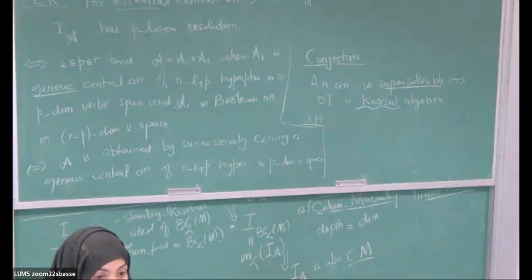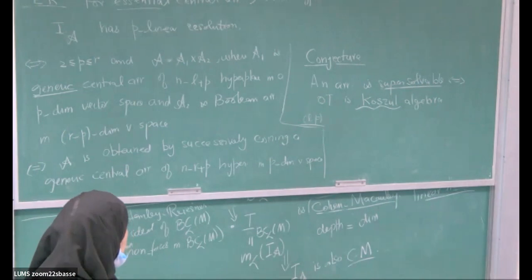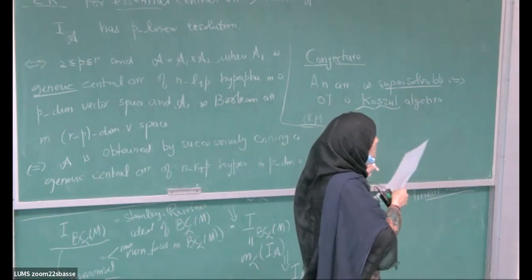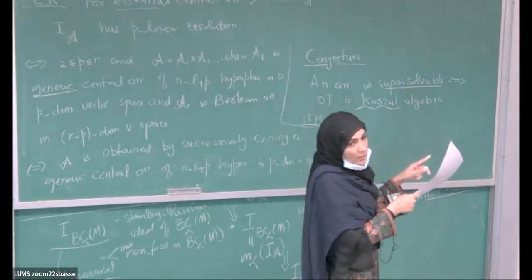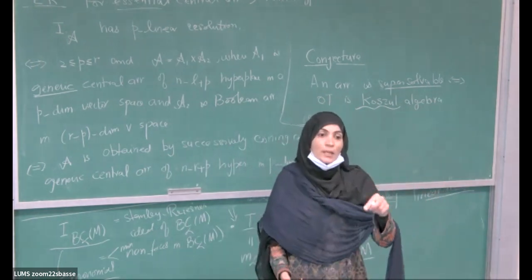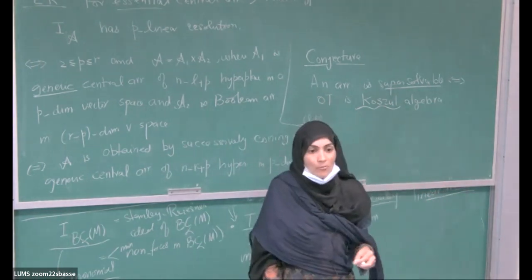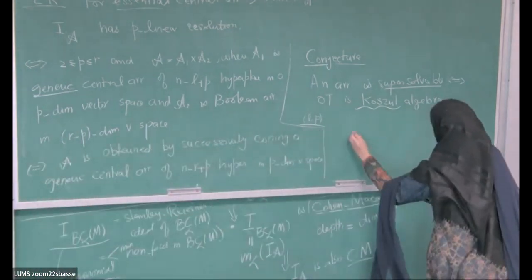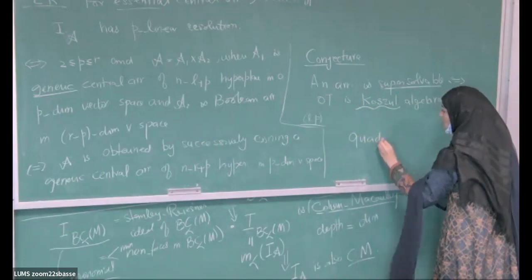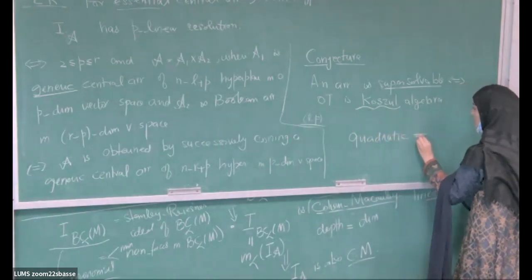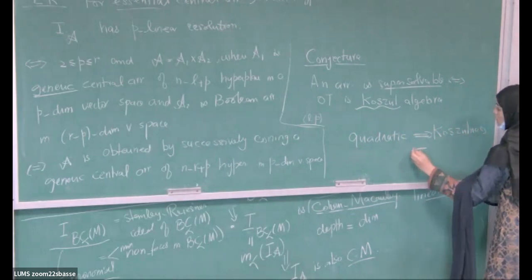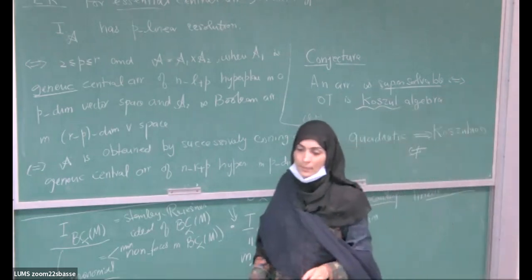Sorry? Generated by binomials? No. I mean, they have the basis with respect to that algebra in quadratic. No, if that is true, then it is Koszul, but the converse is not. Quadratic Gröbner basis implies Koszul, but this is not if and only if, in general.